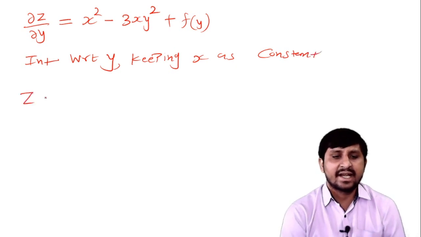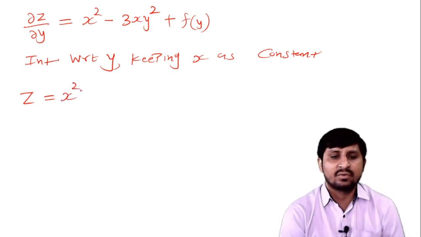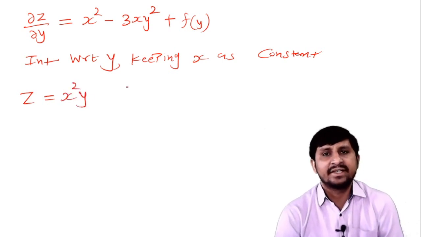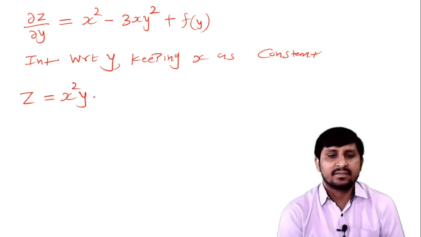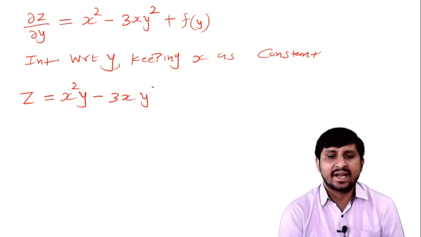So z is equal to the integration with respect to y: x square y, since x square is a constant and the integration of 1 is y, then minus 3x times the integration of y square, that is y cube by 3, plus the integration of f of y.